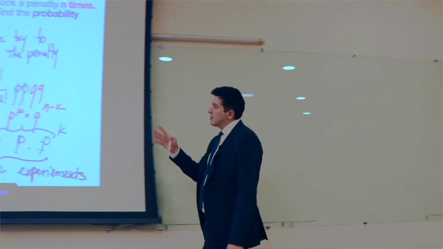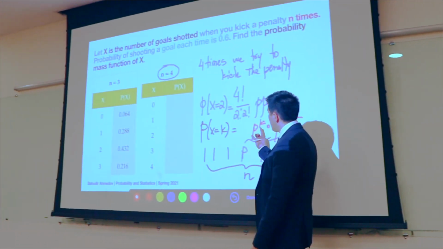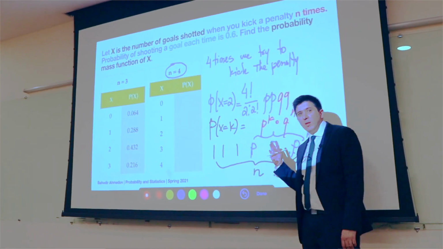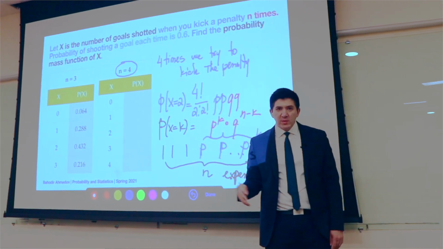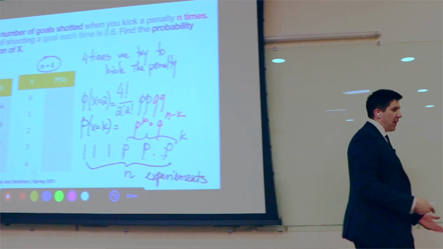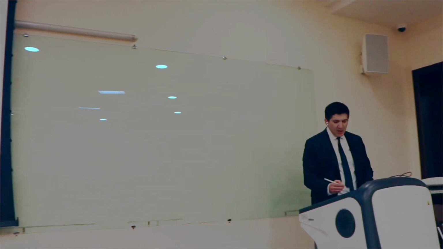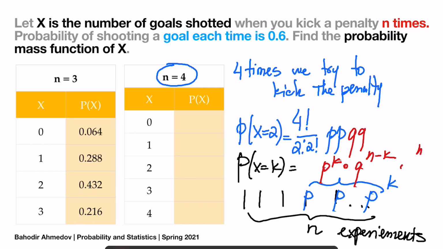The only thing is we need to figure out again the number of rearrangements of these P's and Q's. The number of rearrangements is n factorial divided by k factorial multiplied by n minus k factorial.